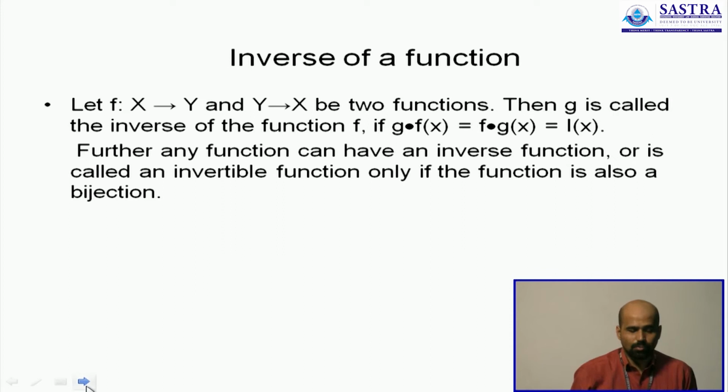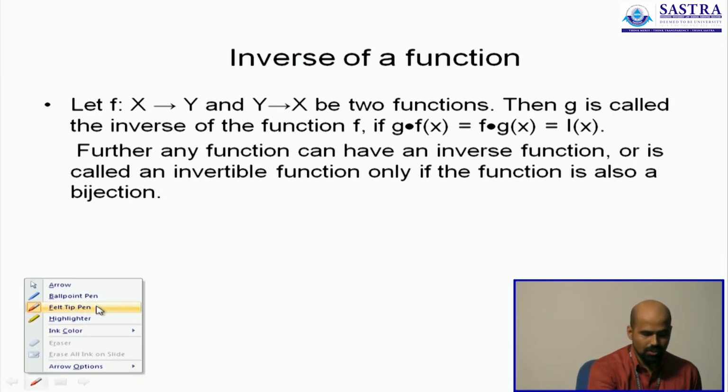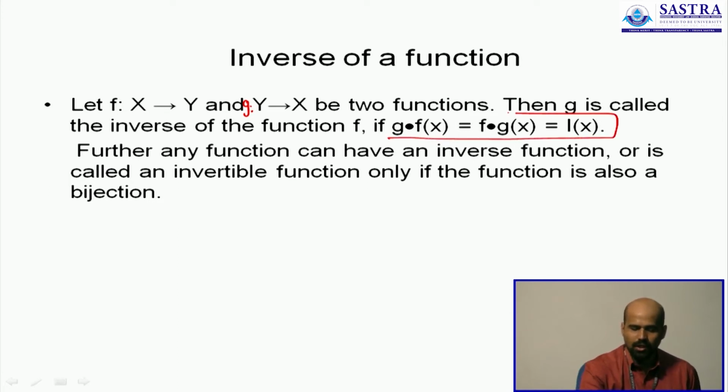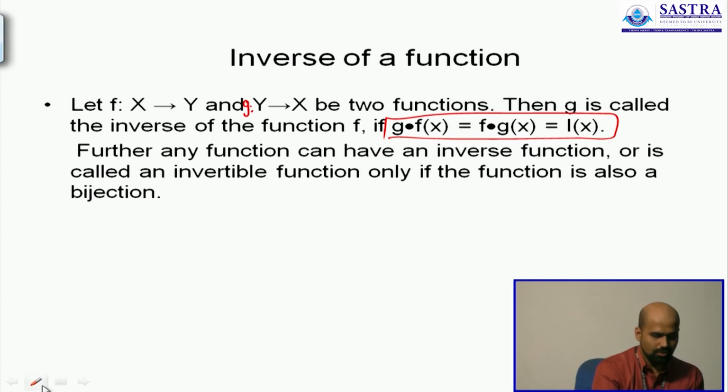And the next one is about the inverse of a particular function. Now let's consider that there are two functions, f from X to Y and g from Y to X. Then you call the function g the inverse of f if both these are identity mappings. Further, you can define the inverse of a function.